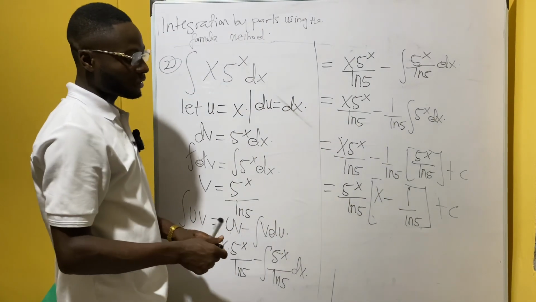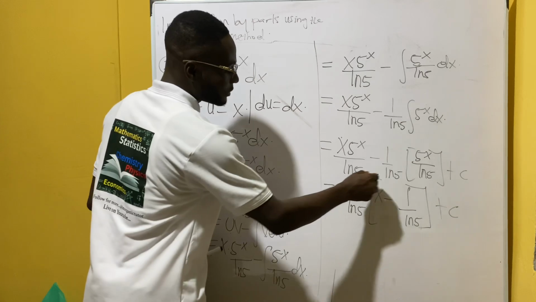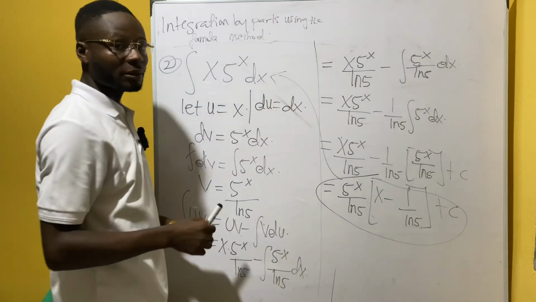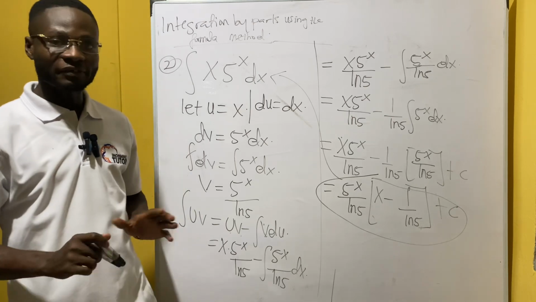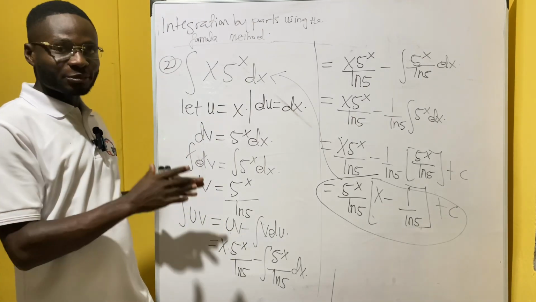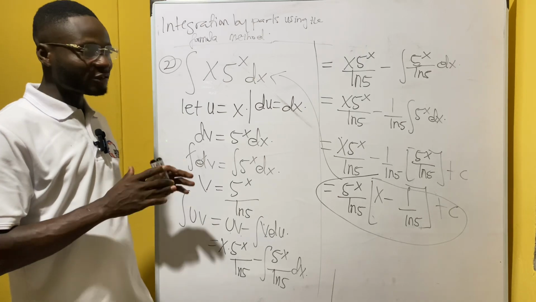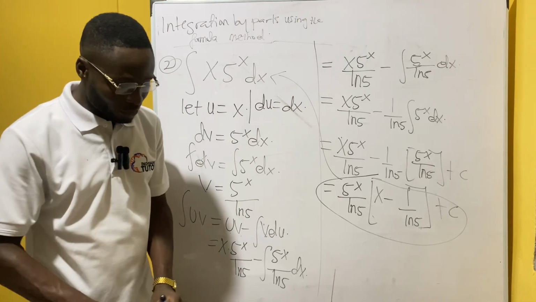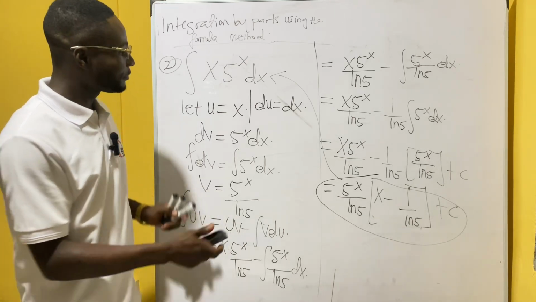So this right here is the solution to this particular problem. Very, very easy. So this is the second problem solved under the integration by parts using the formula approach, to be precise, right? So let's look at the third problem.